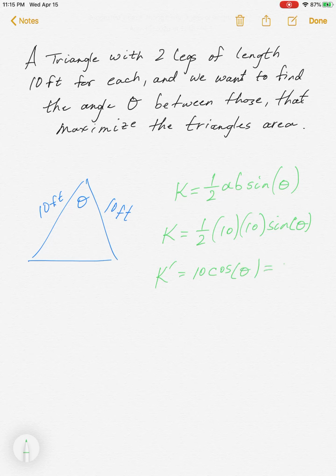Set the derivative equal to 0 and solve for theta. Cosine theta equals 0. Theta equals cosine inverse of 0. That's asking what angle on the unit circle gives me an x value of 0, and that would be pi over 2. Easy enough.